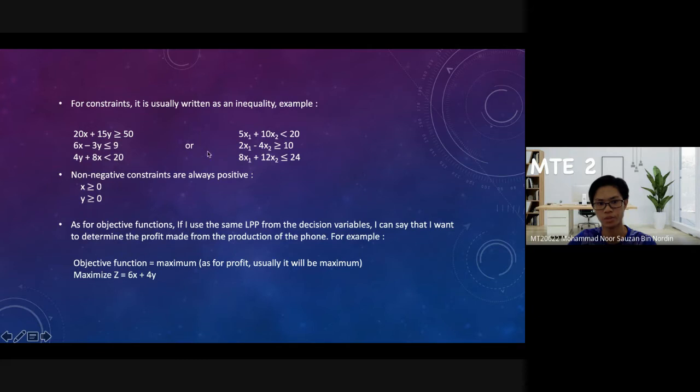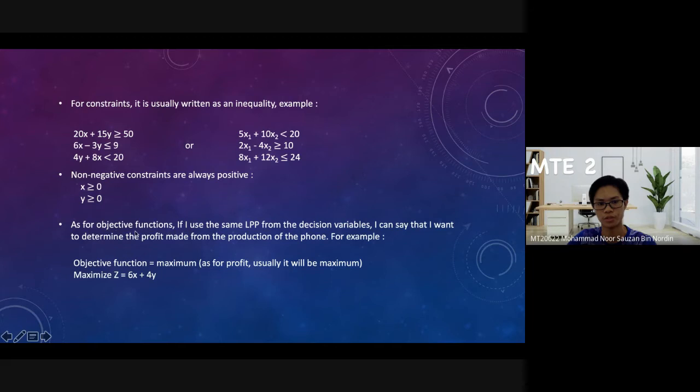Or we can change the x and y variables with x1 and x2. Just like I mentioned earlier, there are also non-negative constraints that are always positive, and it can be written just like this. x is greater than or equal to 0, and same with y.